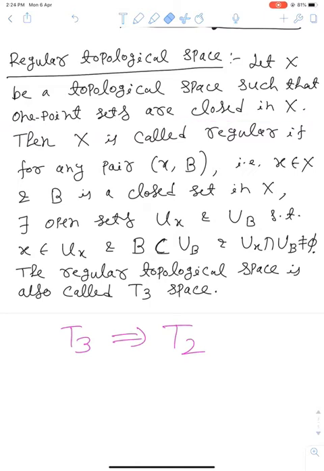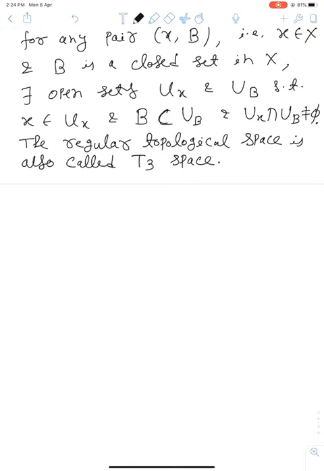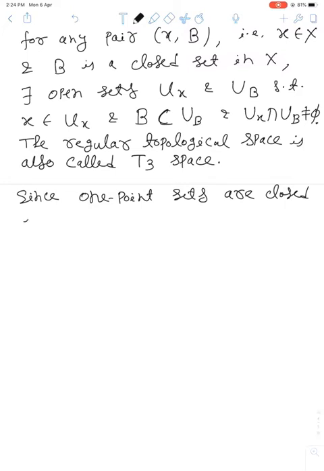So we can write that: since one point sets are closed in X, T3 implies T2.